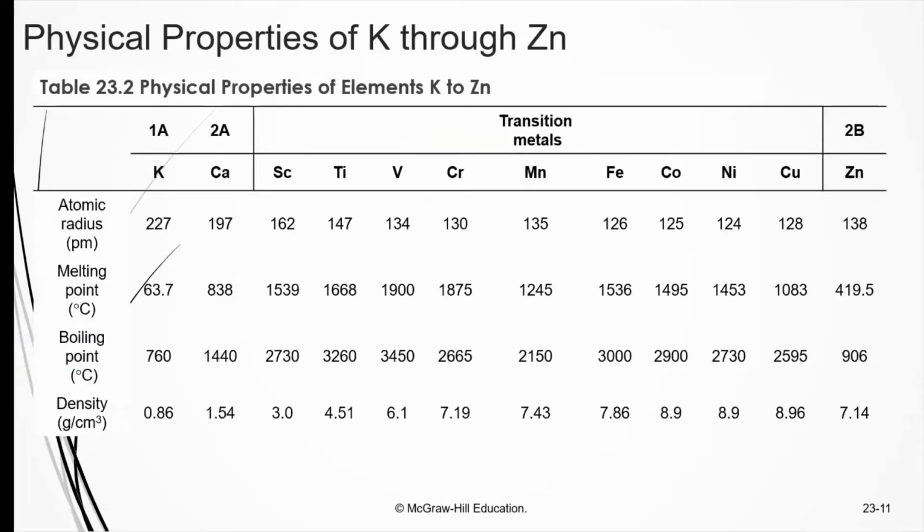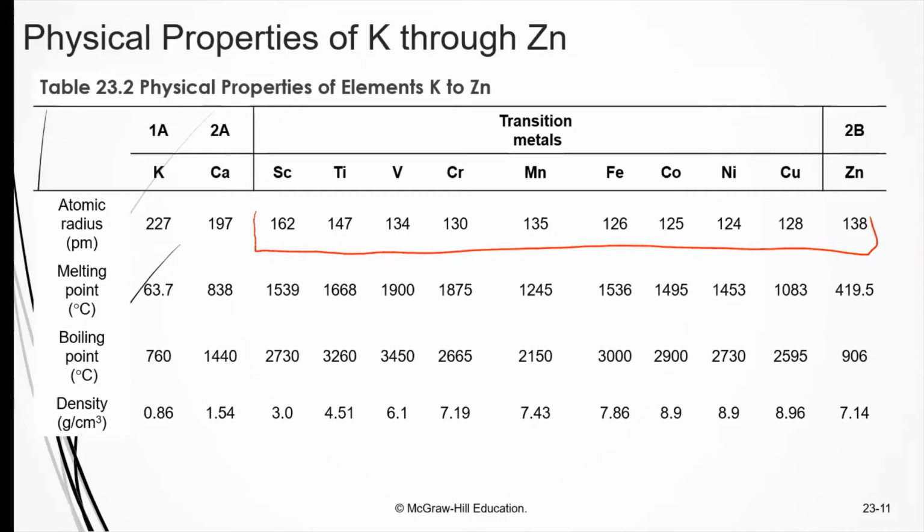Now, our physical properties, we want to think about which ones trend with which ones. So if our atomic radii are decreasing from left to right across our transition metals, then we would anticipate that our melting point should, and our boiling points might follow similar trends. However, it doesn't quite stay completely true.